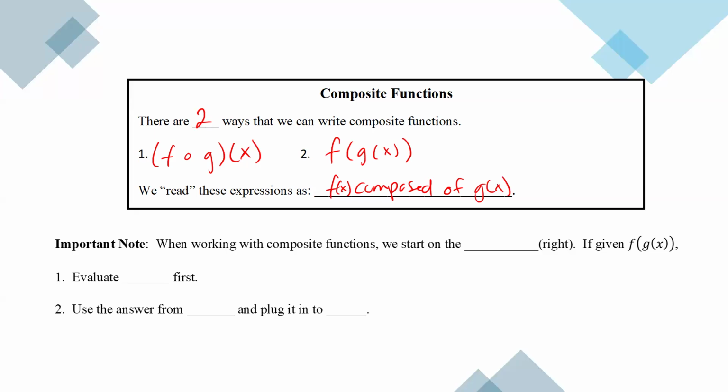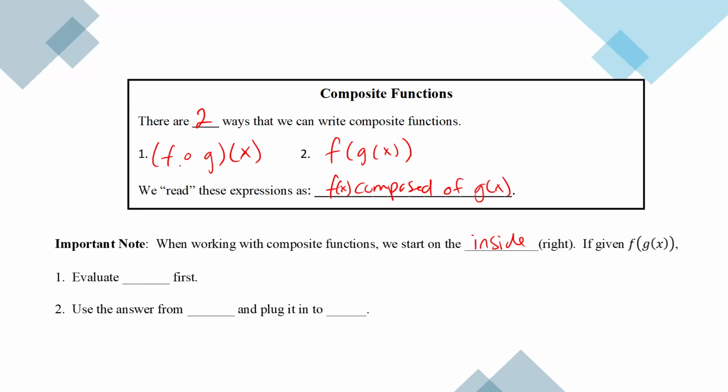When we are working the composite function in this form, we start on the inside and work our way out. If it's in the other form, we start from the right.